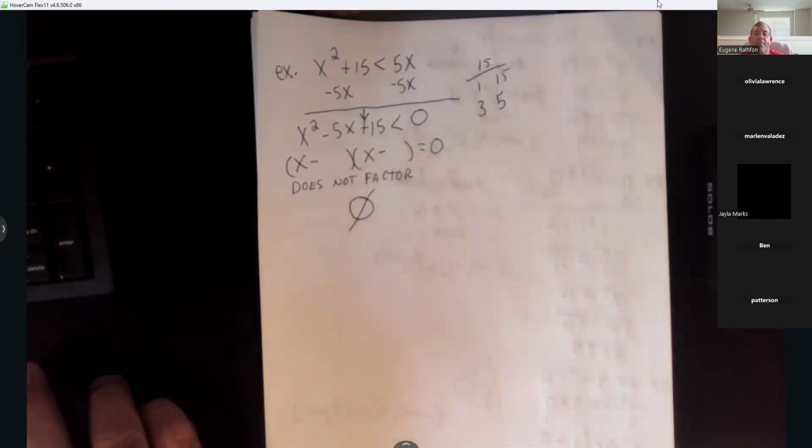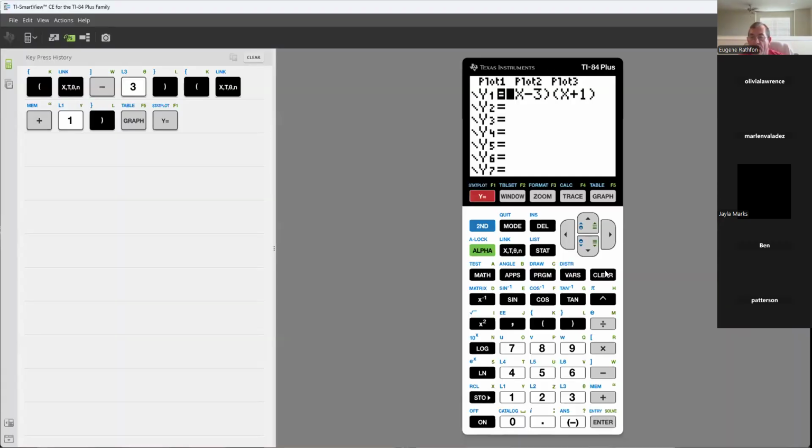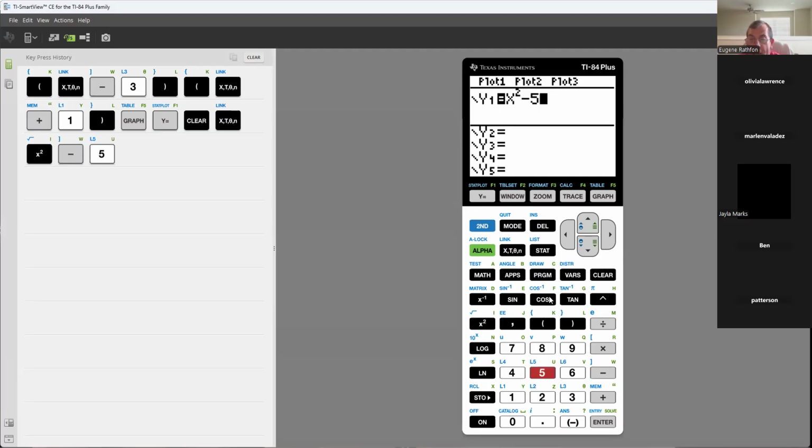And y'all, let me show you what happens on that one. When it's a no solution and we were less than 0, we're looking for the graph that's under the x-axis. So this one had x squared minus 5x plus 15. Look at the graph.